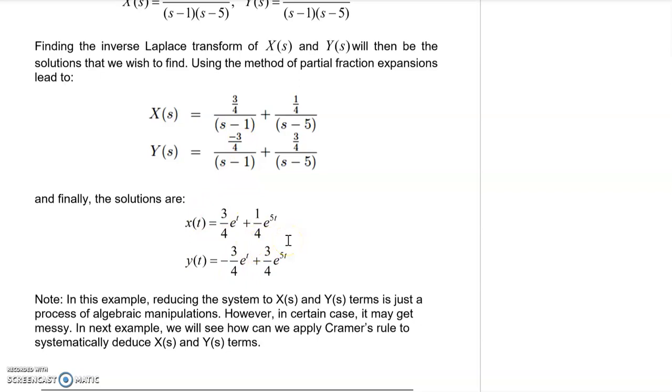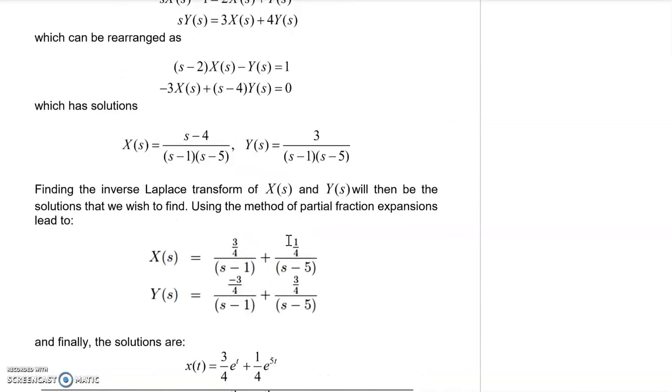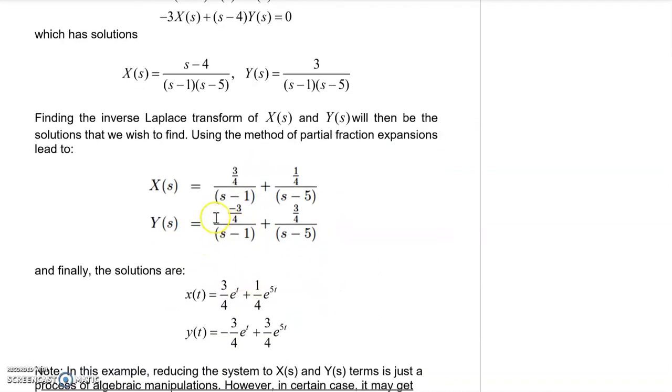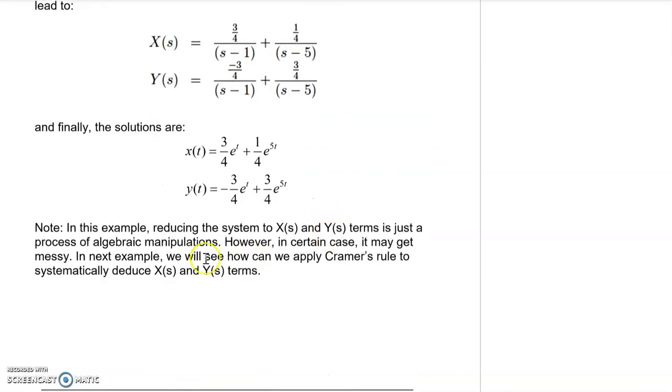The bulk of the work is actually here, when you go from here to here, when you want to get the inverse transform. In this example, reducing the system to X(s) and Y(s) terms is just a process of algebraic manipulation.